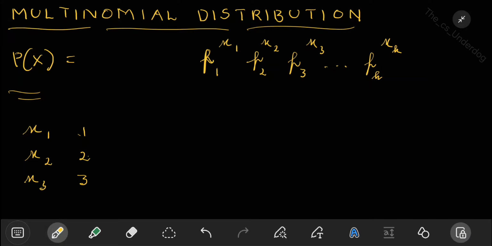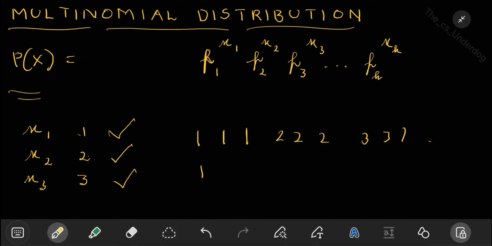That is, x1 times first outcome occurred, x2 times second outcome occurred, x3 times third outcome occurred, but this can occur in different combinations. That is, maybe in the first trial first outcome occurred. In the second trial, again first outcome occurred, then few second outcomes, then few third outcomes, and so on.